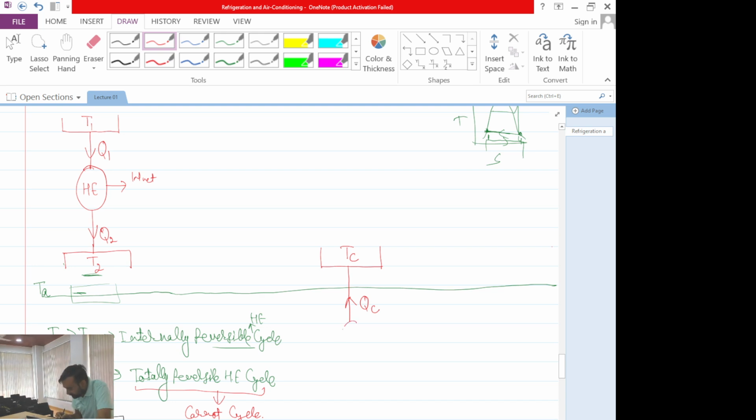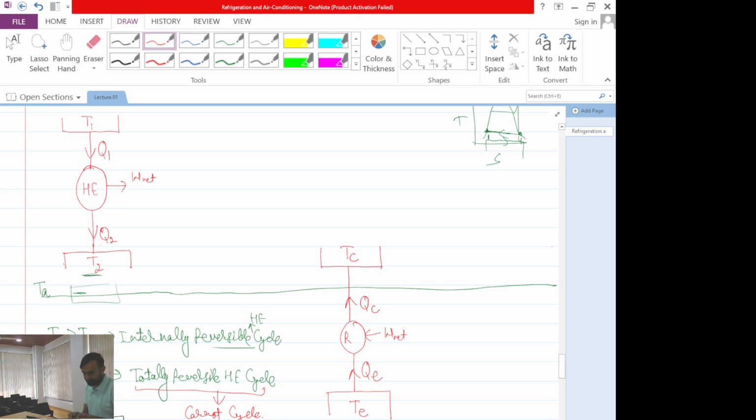That heat is coming from the refrigerator which is taking W net amount of input work, and when it takes W net input work, it removes QE amount of heat from the space which is maintained at temperature TE. Is this one clear? So this is nothing but my refrigerator.